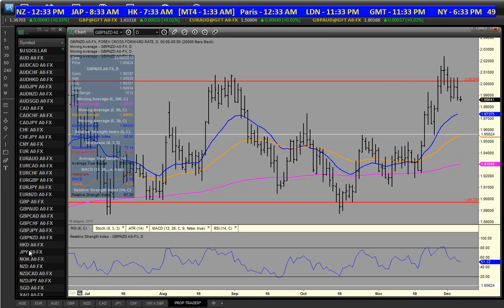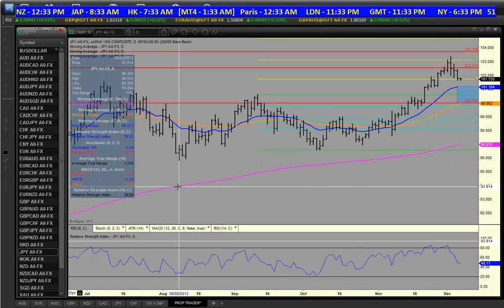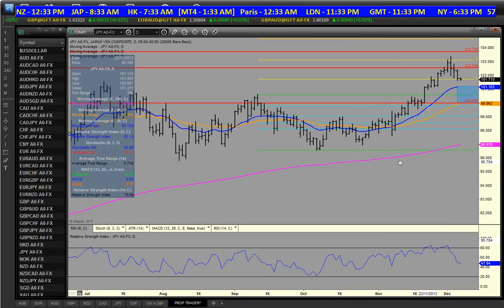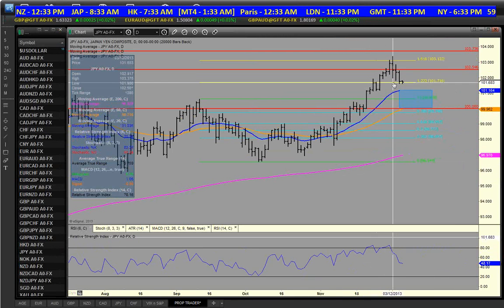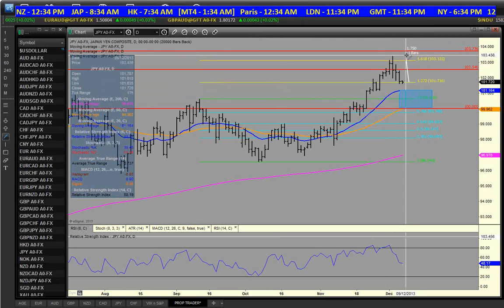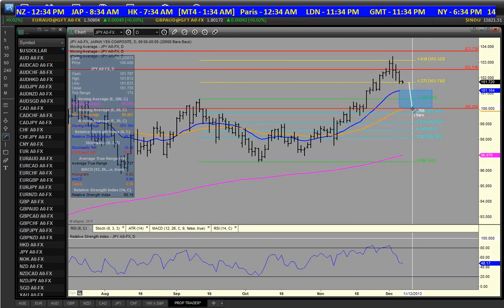Yen. There was Class C divergence there. As I said to the guys at the start of the webinar, your risk reward on this is not ideal. You're looking at 175 pips versus 170 pips.